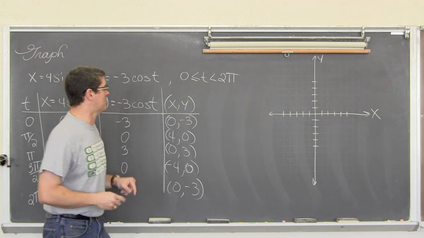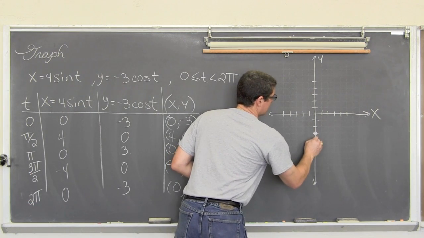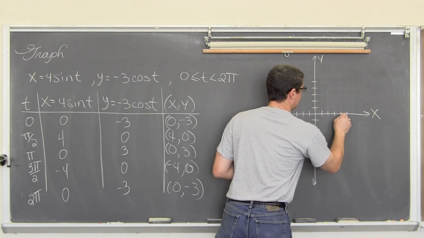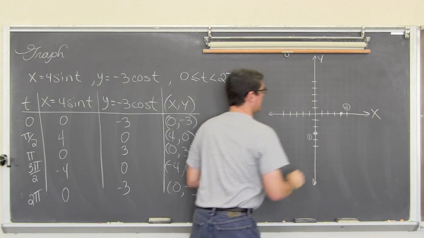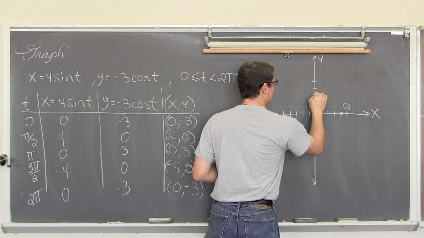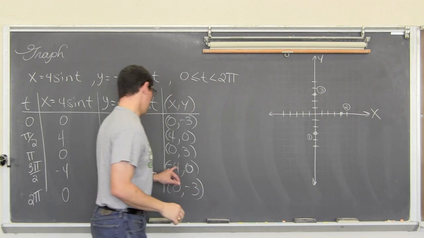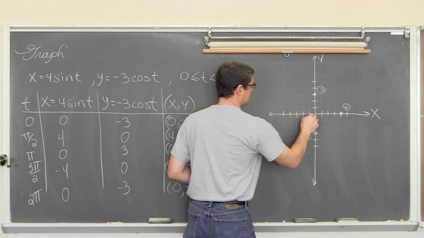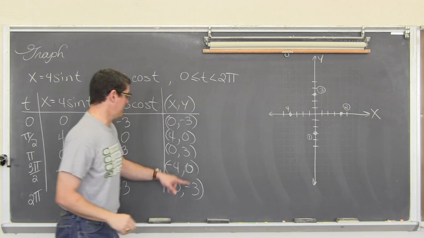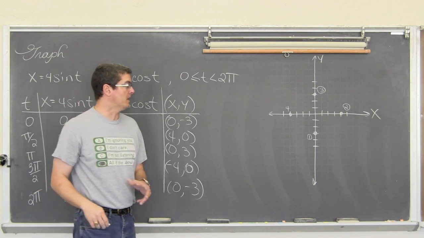So my first point is 0, -3. So that was point number 1. Then we're at 4, 0. That was point number 2. At 0, 3. Third point, -4, 0. That was my fourth point, and then I landed back at 0, -3.